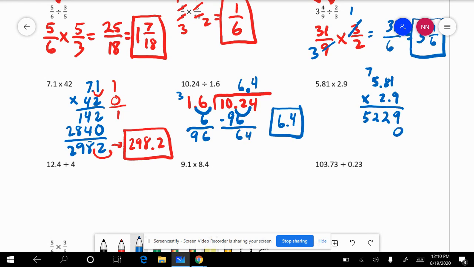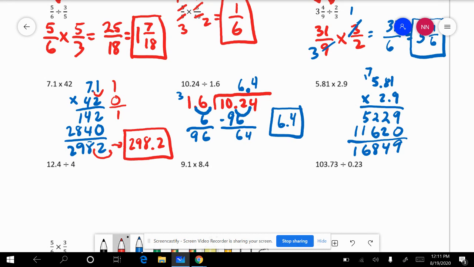I'm going to put a 0 for the placeholder. 2 times 1 is 2. 2 times 8 is 16. 2 times 5 is 10. That would be 11. I have 9, 4, 8, 6, 1.